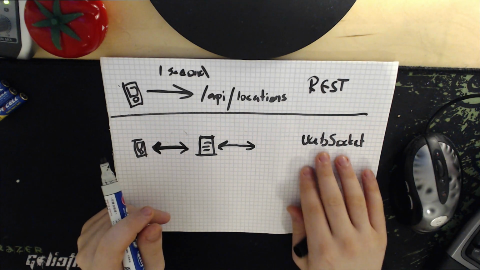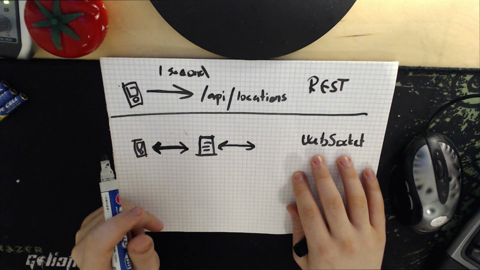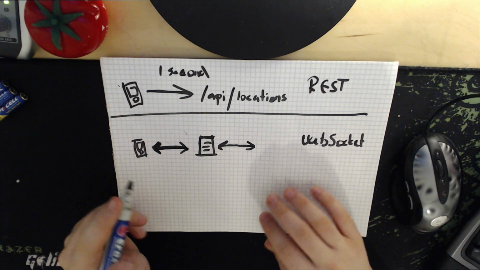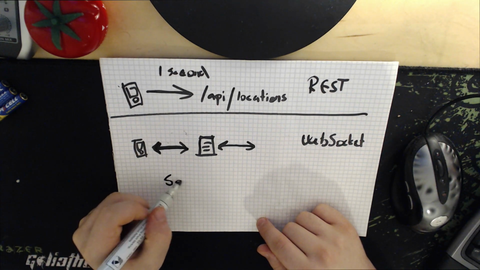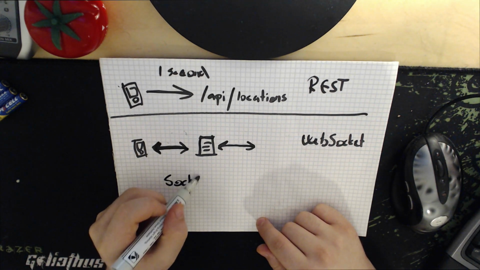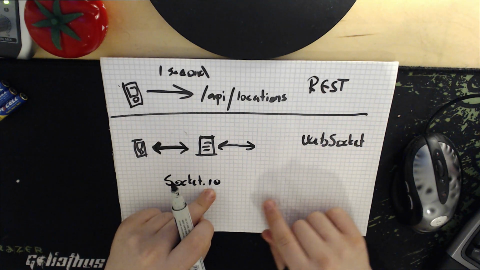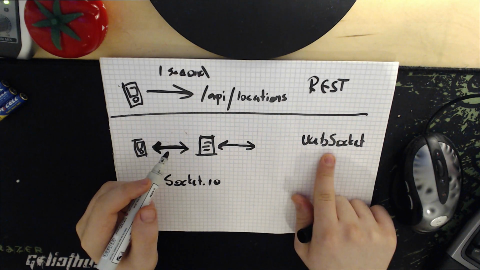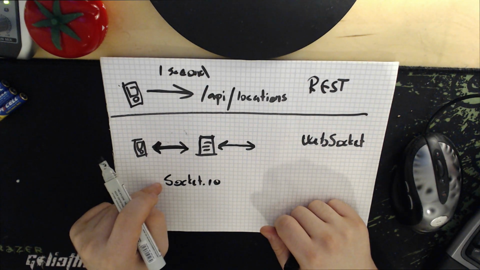There's a raw WebSocket implementation you can use both in React Native and in browsers. However, I would recommend that you use some kind of wrapper for it. And that's what we use Socket.io for. So it's a wrapper implementation for WebSockets, which makes it a lot easier for you to use WebSockets.